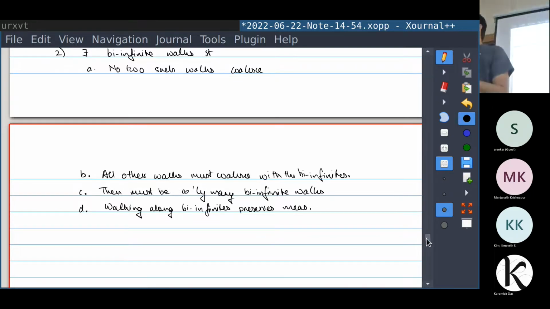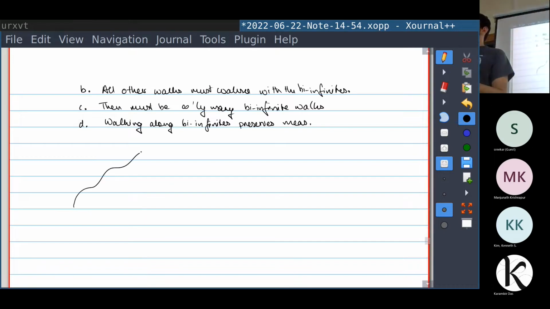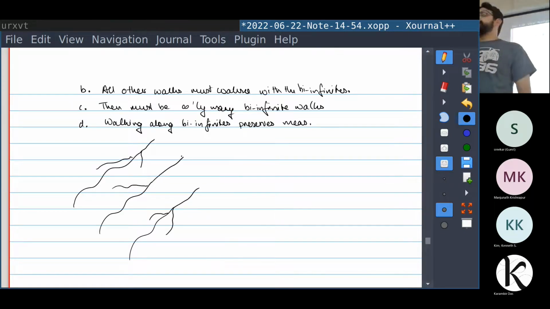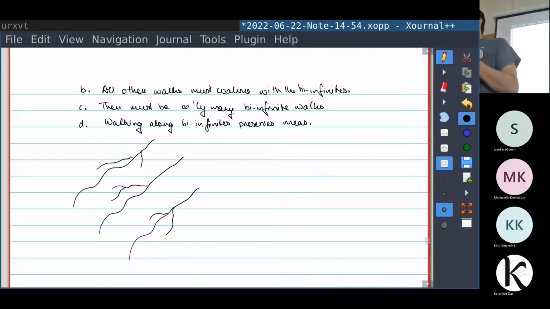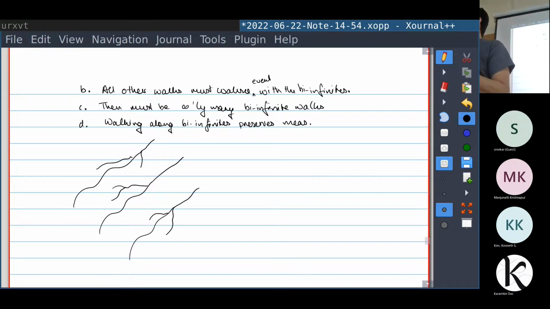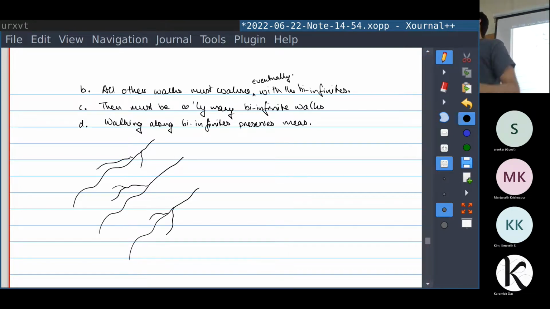So the picture you must have in mind is something like this, and then all the other things must coalesce with it. All the little baby walks must coalesce. The other ones cannot coalesce with each other; eventually they have to coalesce onto one of these. So it can't be just a one-handed tree either. It's only bi-infinite paths.